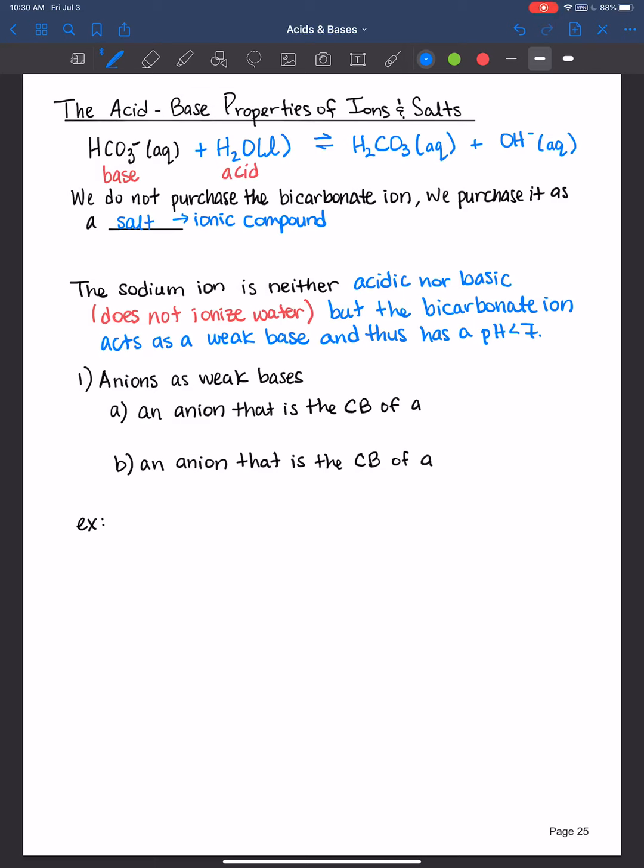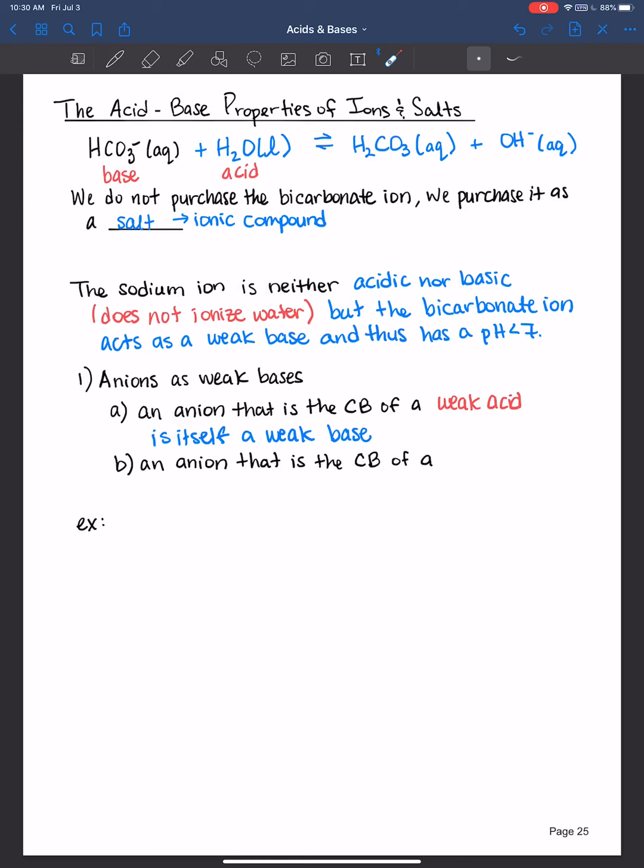So if you have an anion that is the conjugate base of a weak acid, it is itself a weak base. So we see here that bicarbonate is the conjugate base of carbonic acid.